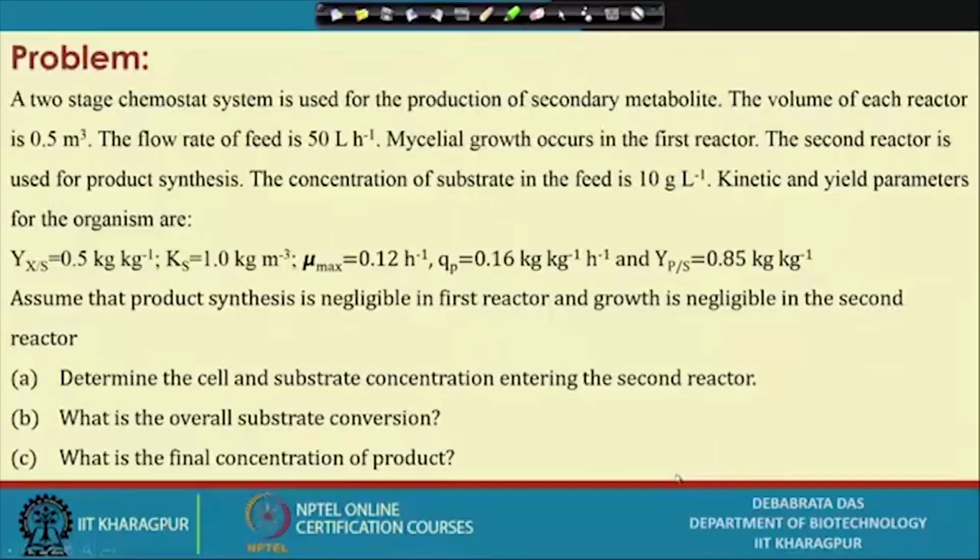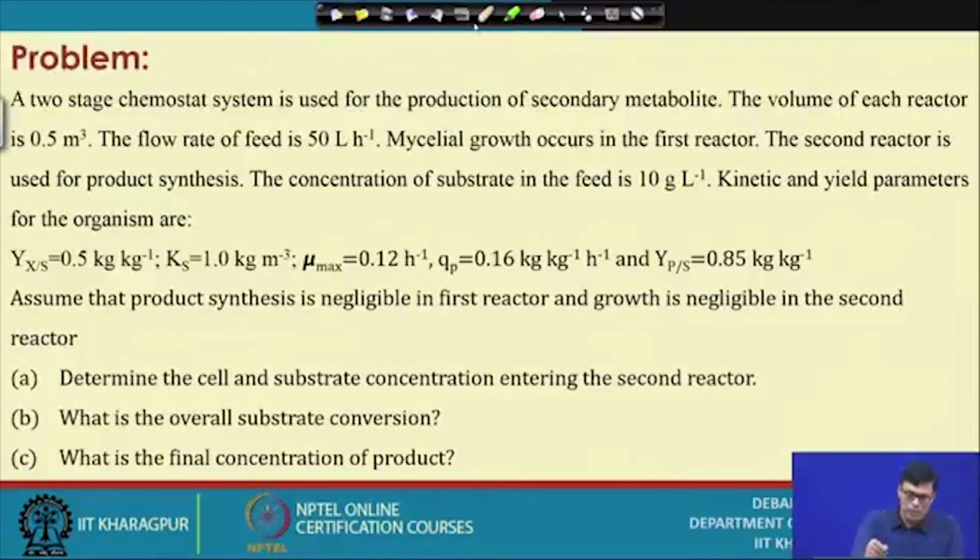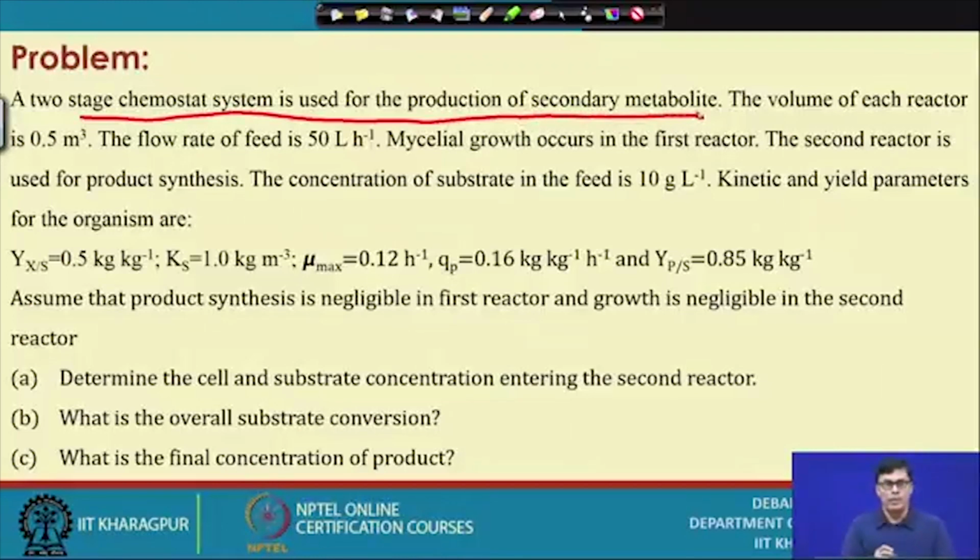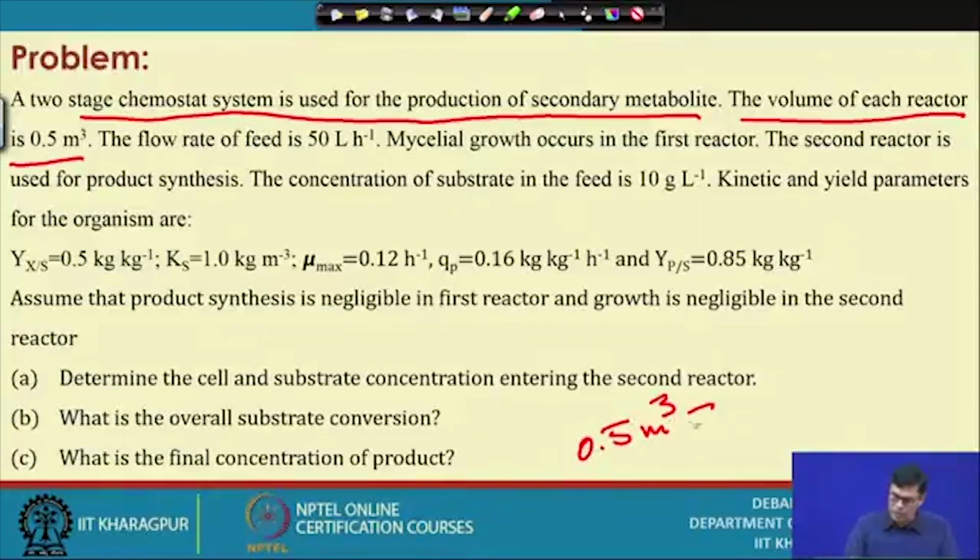Okay. Now, the next problem. I hope this is a typical problem: a two-chemostat system is used for producing secondary metabolites. We know that most secondary metabolites form during the stationary phase. The volume of each reactor is 0.5 cubic meter. 0.5 cubic meter means how much? 1 cubic meter is 1000 liters, so 0.5 cubic meter is 500 liters.